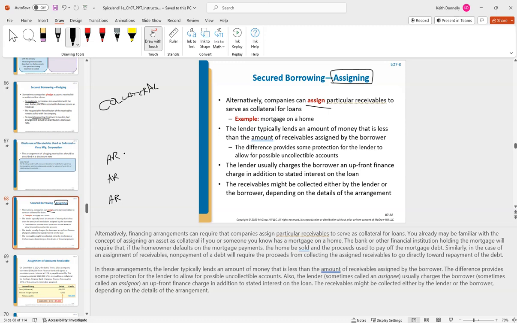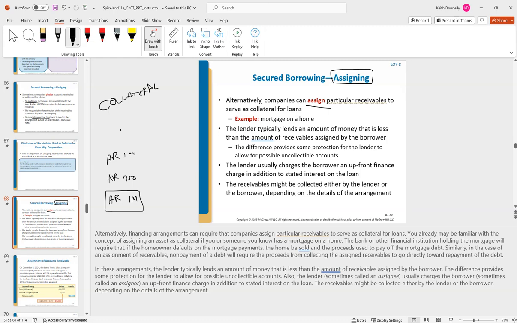One of them is for 100 grand, one of them is for 300, and one is for 1 million. The idea with an assignment is essentially you would specify, maybe this one or these two. It's not your receivables collectively. You identify specific ones that you're going to put up for collateral.